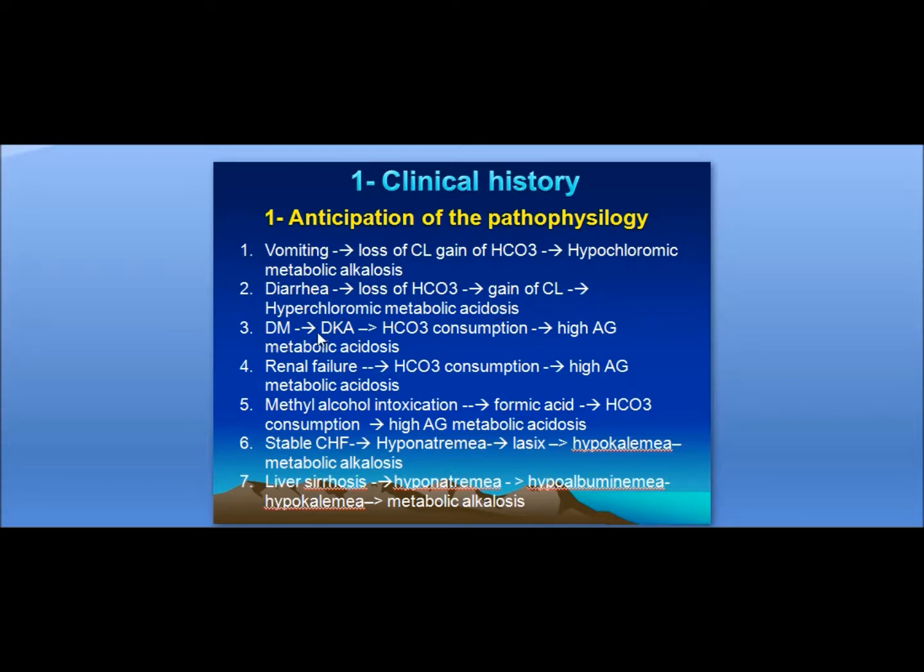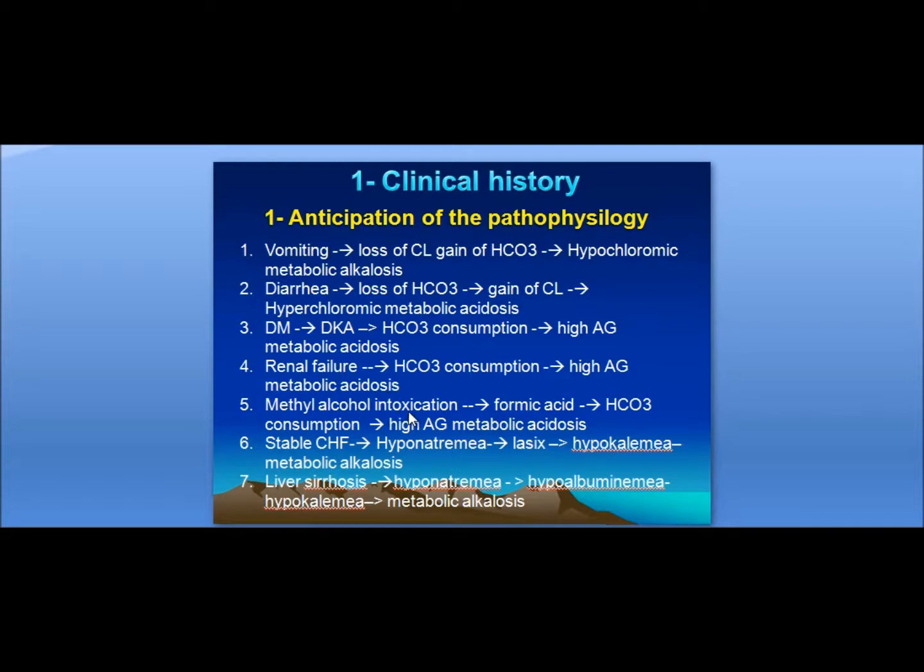If the patient develops diabetic ketoacidosis, bicarbonate will be consumed, so he will develop high anion gap metabolic acidosis. In a renal failure patient, bicarbonate will be consumed by the fixed acids to develop also high anion gap metabolic acidosis.